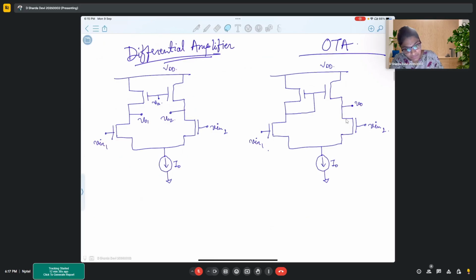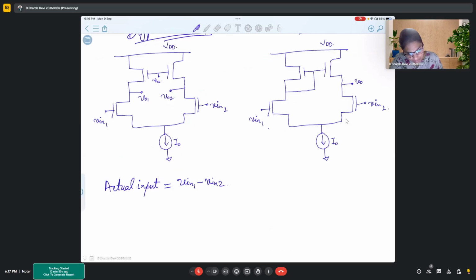So the actual input in this circuit is V in 1 minus V in 2, and the actual output is V0 1 minus V0 2.